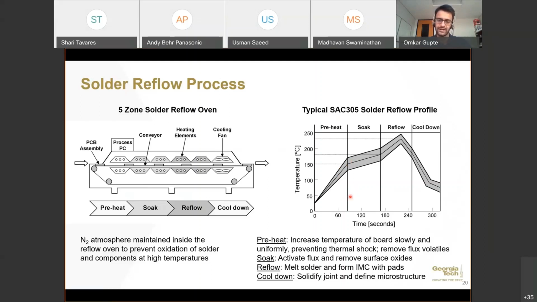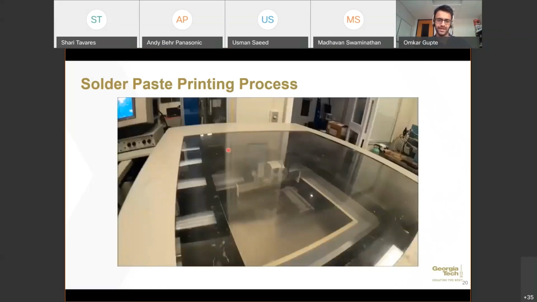In the soak region, the flux is activated using the activators in the flux, and activating means it will start removing the solder oxides on the solder particles. Then comes the reflow, where the solder is actually molten, where we take it past the melting point of the solder paste, and then is the cool down stage where the joint is solidified and the microstructure is formed. So these are the stages of the reflow.